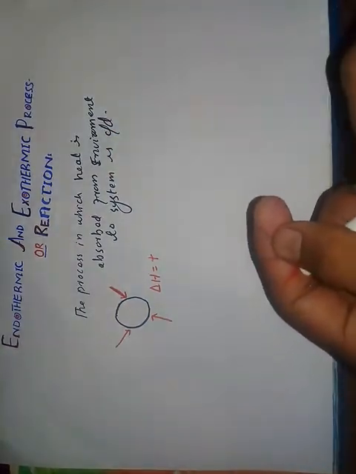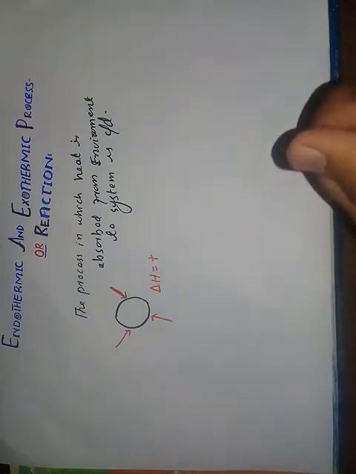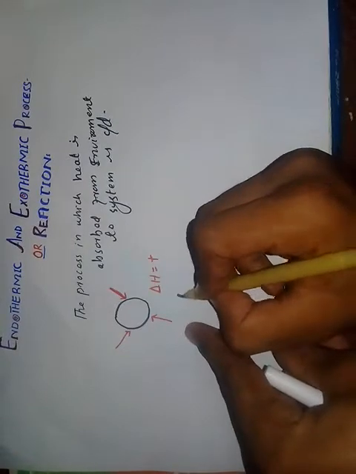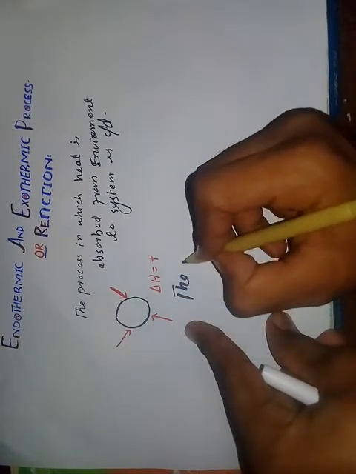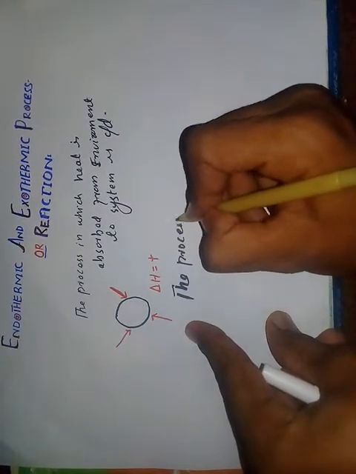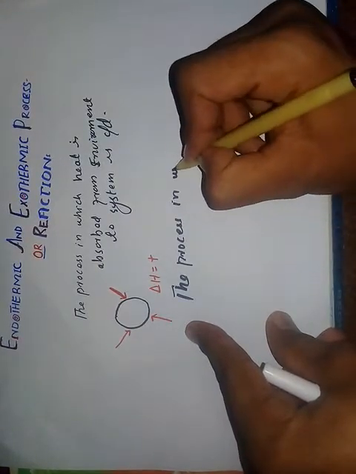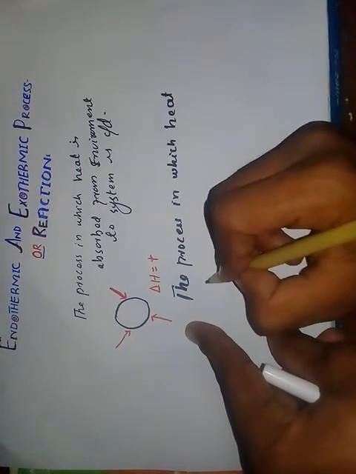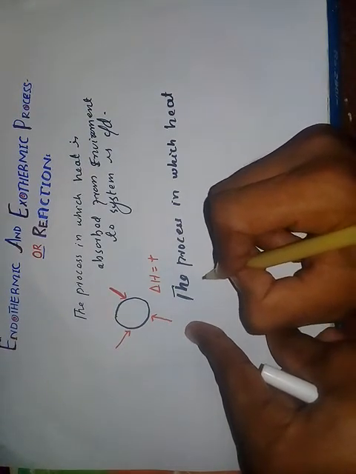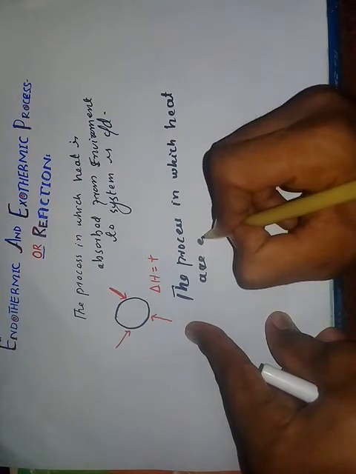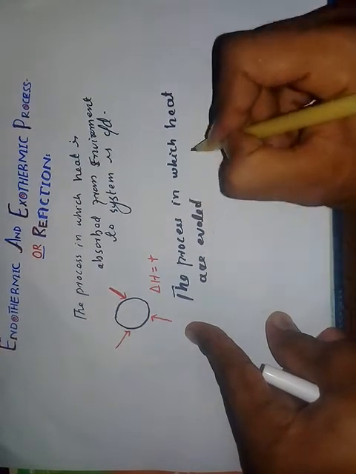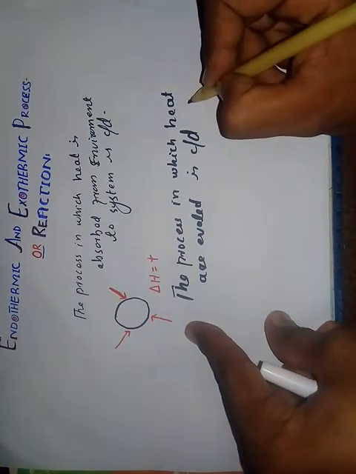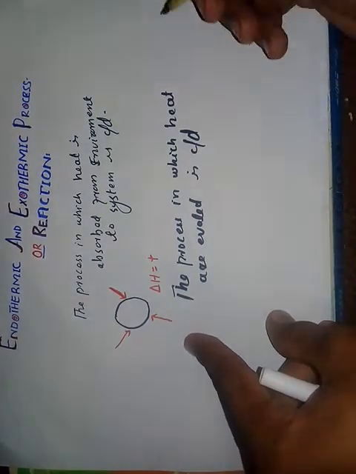Now what is an exothermic process? Exothermic means outside. The process in which heat leaves, in which heat is evolved, is called exothermic.